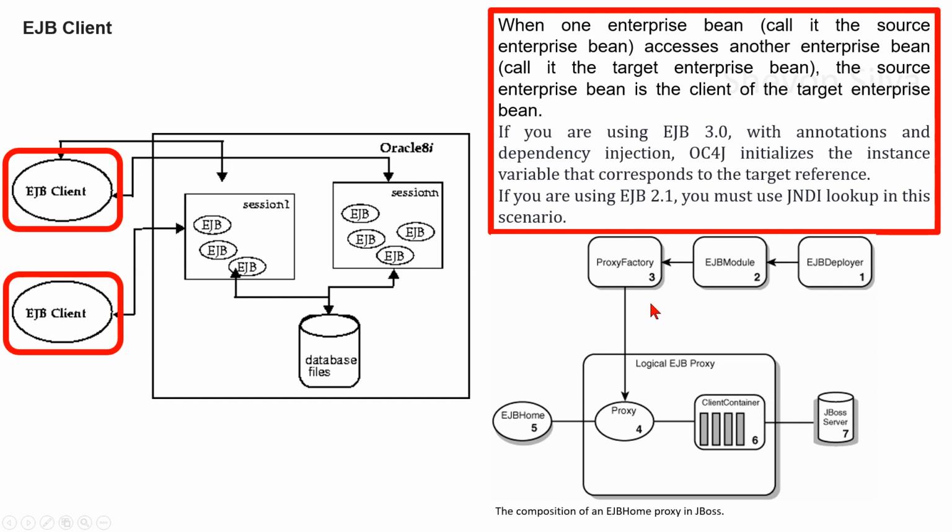A logical proxy is composed of a dynamic proxy, java.lang.reflect.Proxy, and the home interface of the EJB that the proxy exposes, the proxy handler, java.lang.reflect.InvocationHandler, implementation in the form of the client container, org.jboss.proxy.ClientContainer, and the client side interceptors.